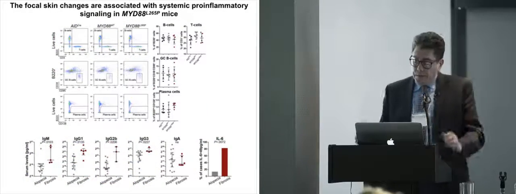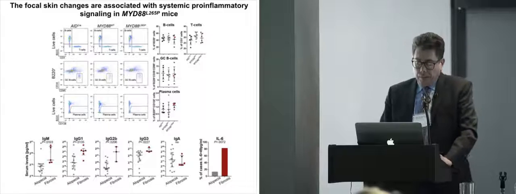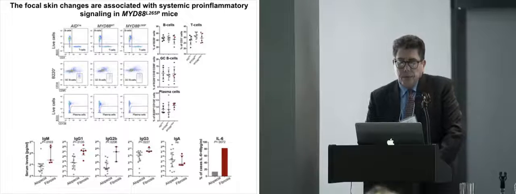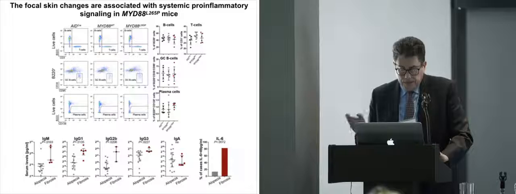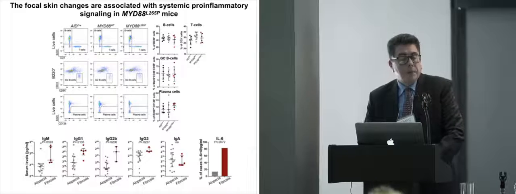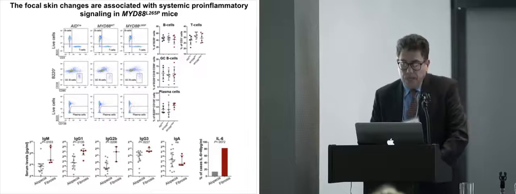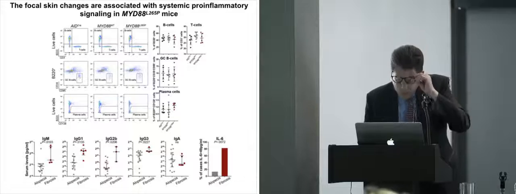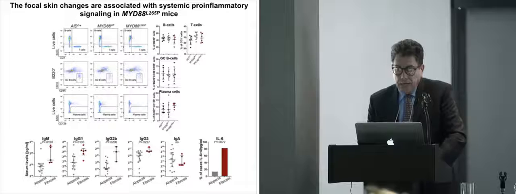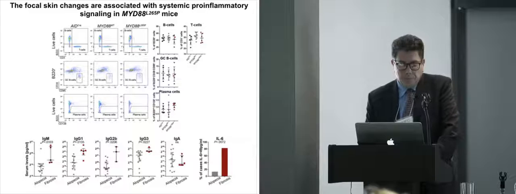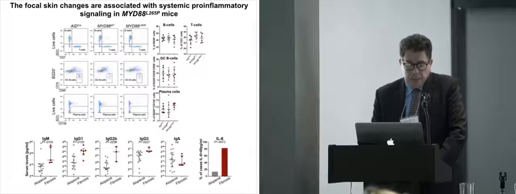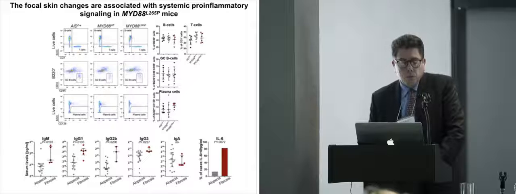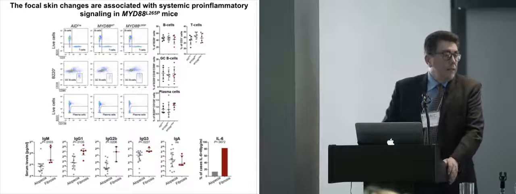In those animals that do have a skin alteration, we did flow cytometric analysis, and what we observed in the spleen and lymph node of these young animals was an increase in the number of germinal center B cells and also in plasma cells. In addition, we observed an increase in IgM.